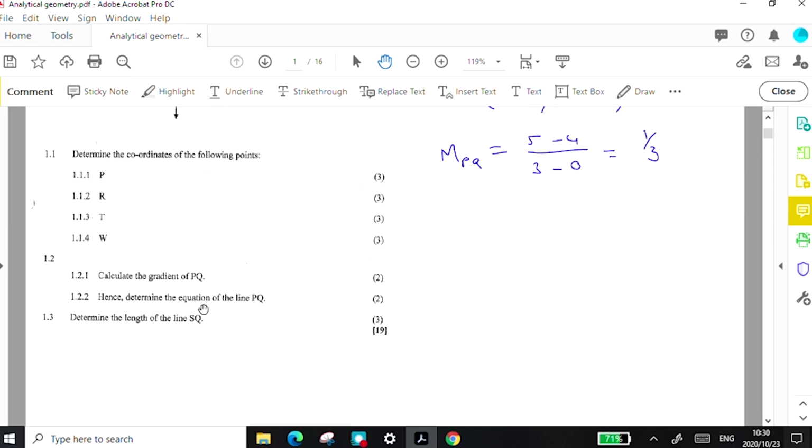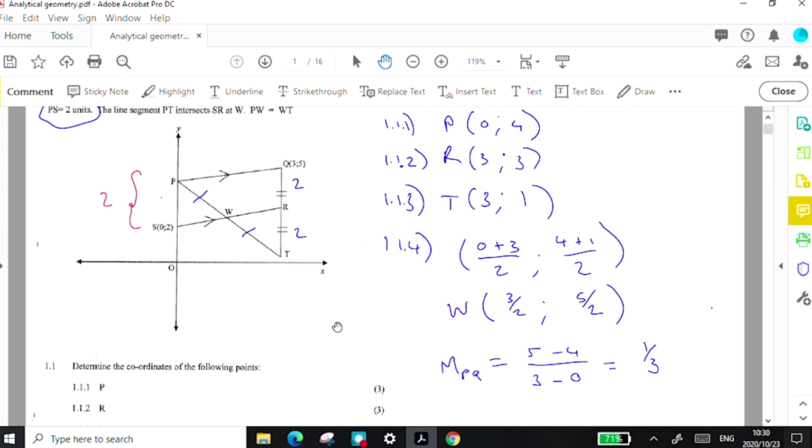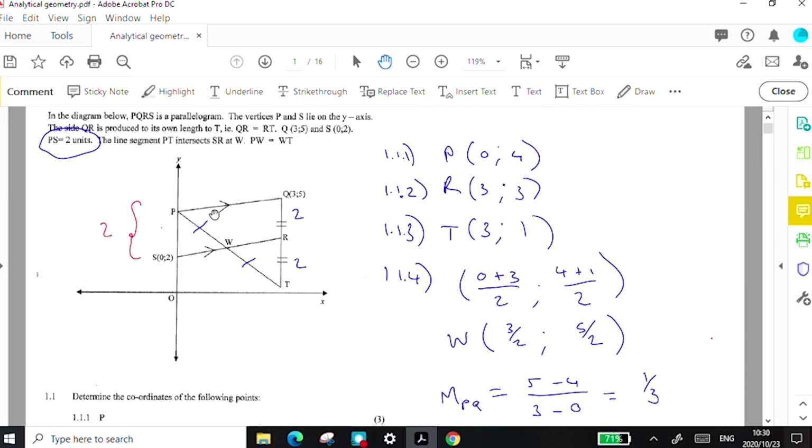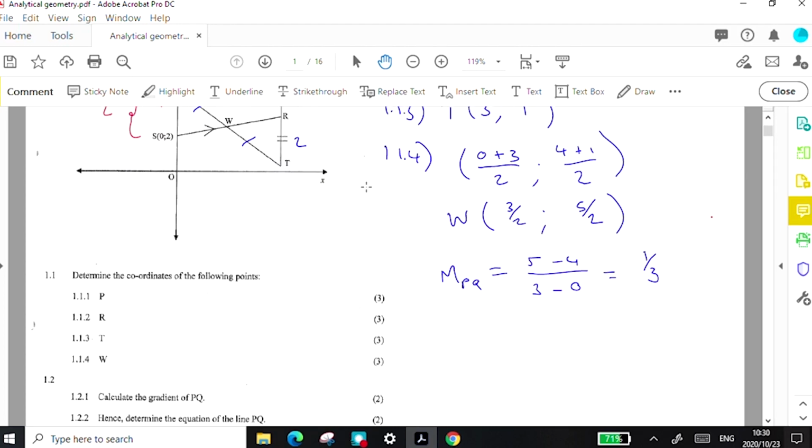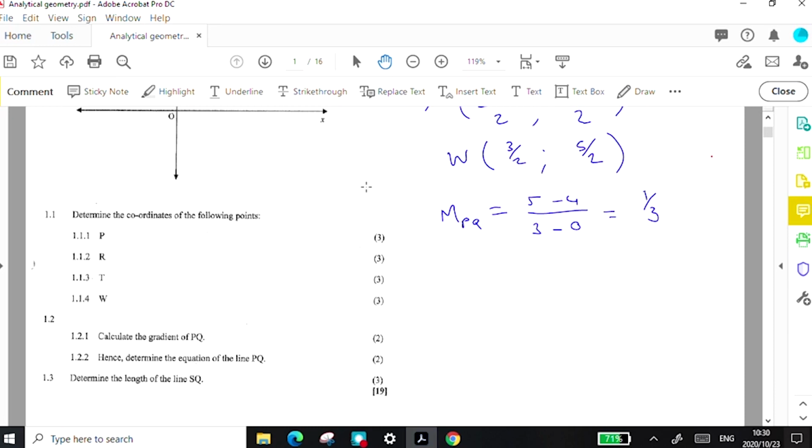We want to find the equation of the line PQ. So for 1.2.2, we want to find the equation of the line PQ.